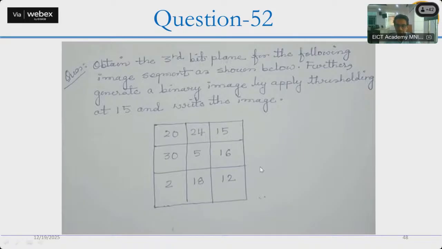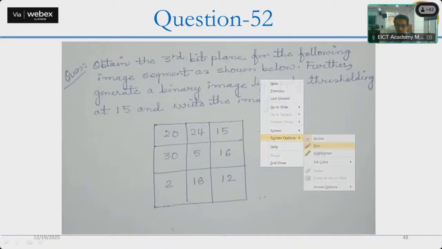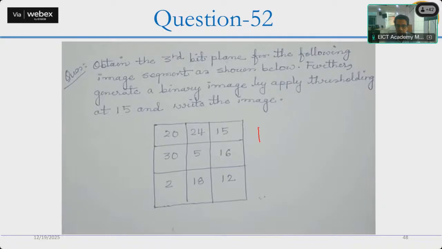Are you able to recall one topic we did? Are you aware about this topic, bit plane slicing?